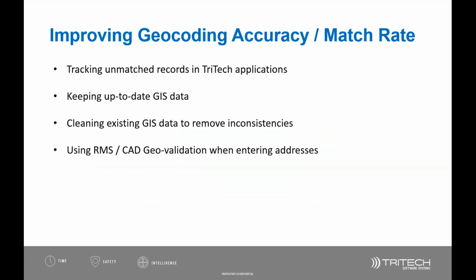So the dashboard and ARM can be incredibly helpful in finding quality gaps that might exist in your agency's data. By tracking unmatched records in these applications, you can determine if there are issues with the address information in the source data or the GIS data. It is also helpful to keep your agency's GIS data up to date in order to more accurately reflect your real-world jurisdiction.